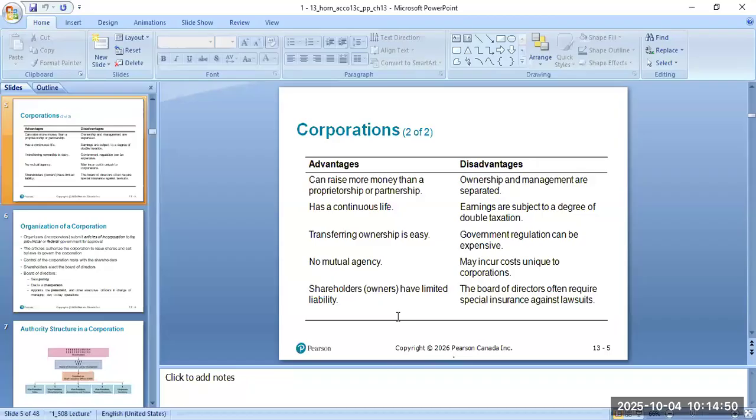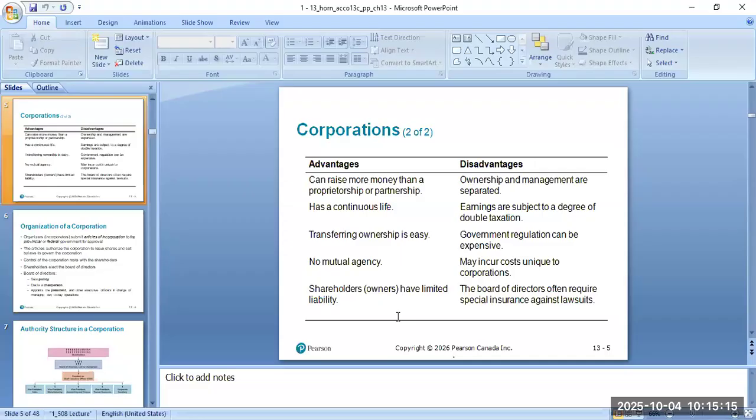So what that means is if the company goes bankrupt, the owners of the company, the shareholders, can be perfectly wealthy and can still live their life. The only thing is, now I have to tell you this.